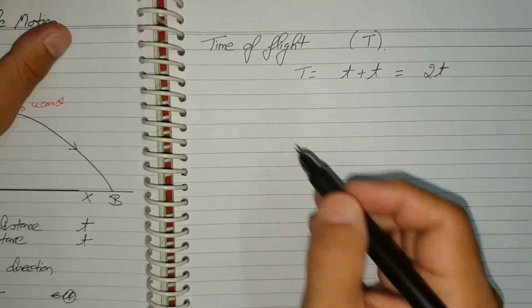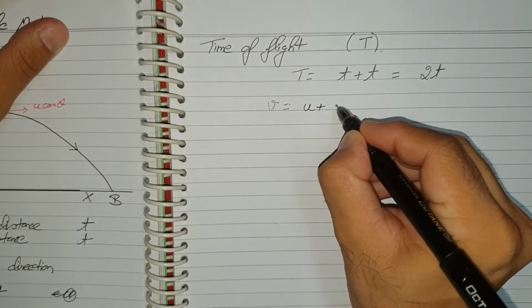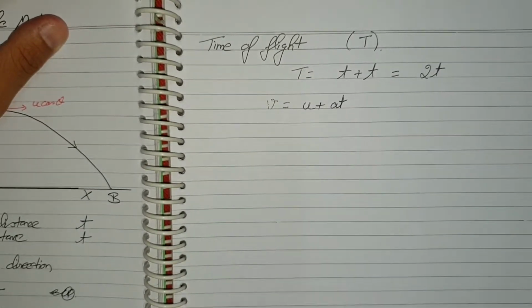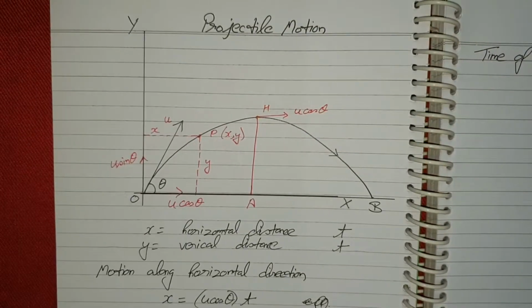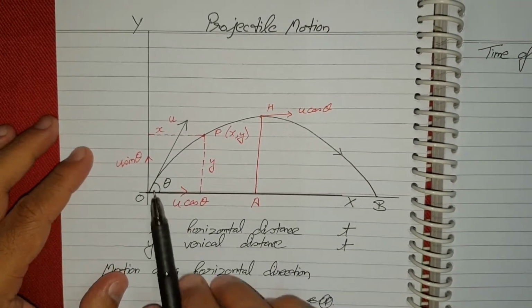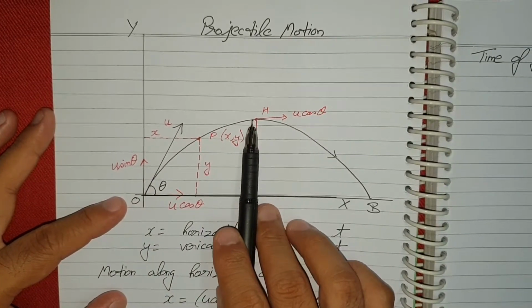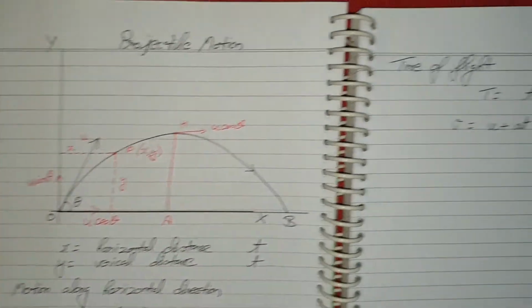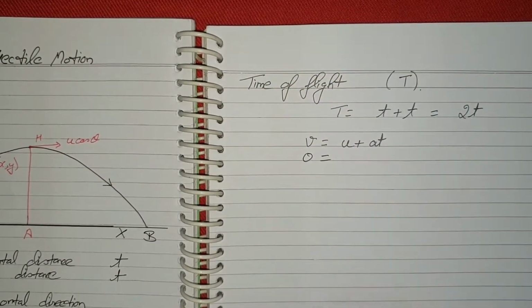Okay. So starting with the equation, we know that v equals u plus at. Now since this is the motion in the upward direction, at the highest point the velocity becomes 0. So taking this as 0 equals, now what was the initial velocity?